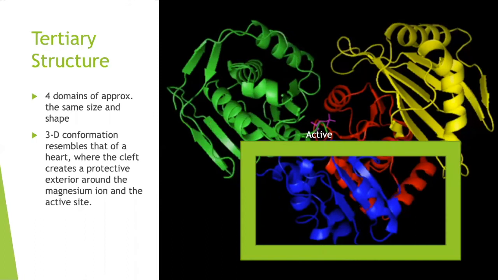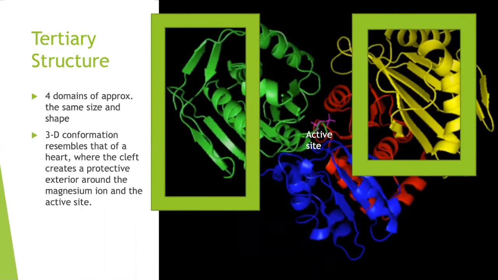We can see that the tertiary structure is dense with alpha helices, especially at the bottom of this frame in the blue and red domains, creating the pointed base of the heart shape. The tighter helical structures make approaching the active site from underneath nearly impossible. The green and yellow domains are characterized more so by beta sheets and open up the heart-shaped enzyme's cleft to the exterior solution and help to shuttle substrate into the active site.